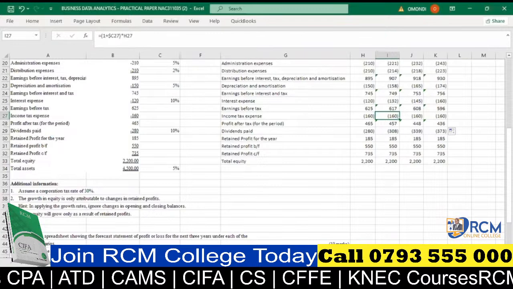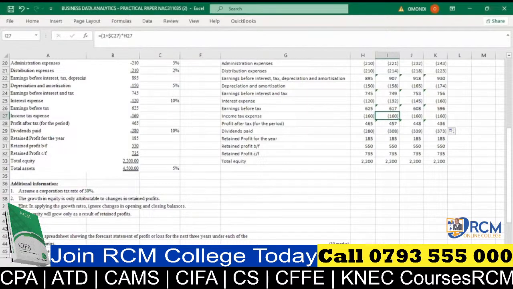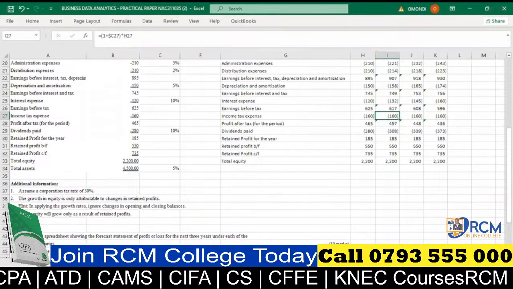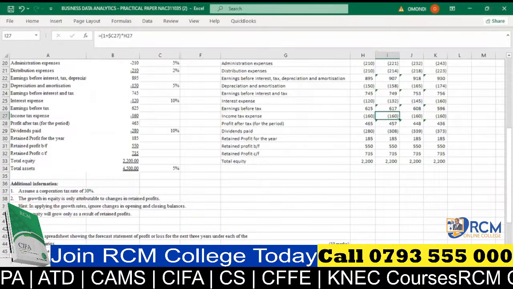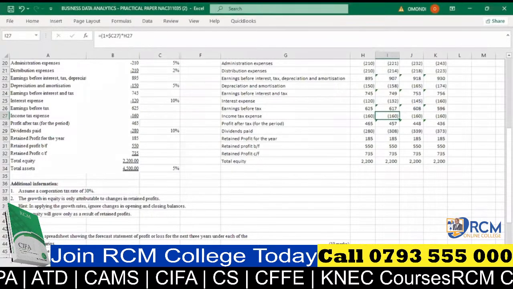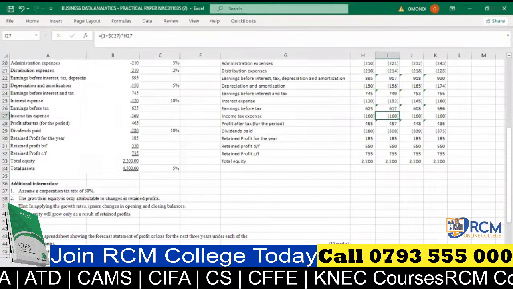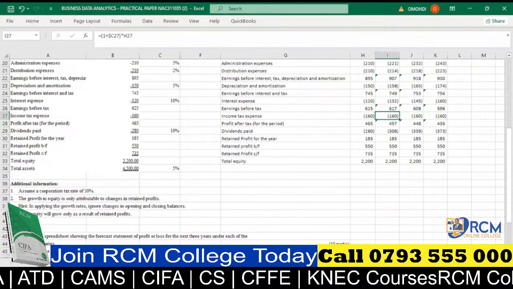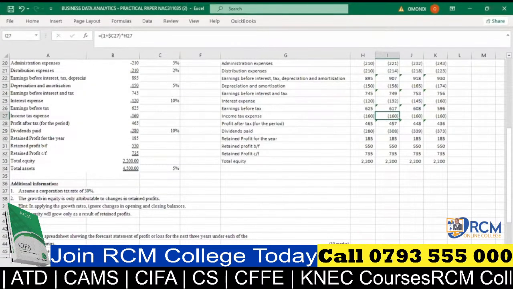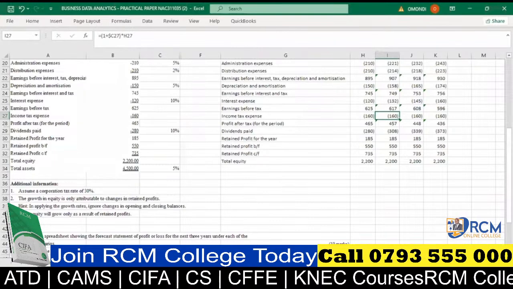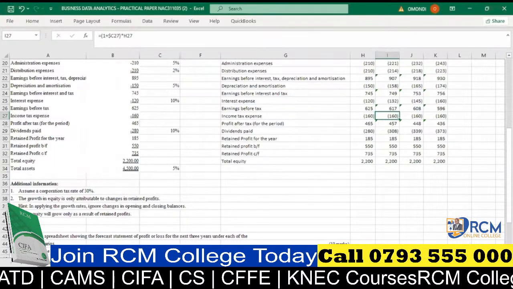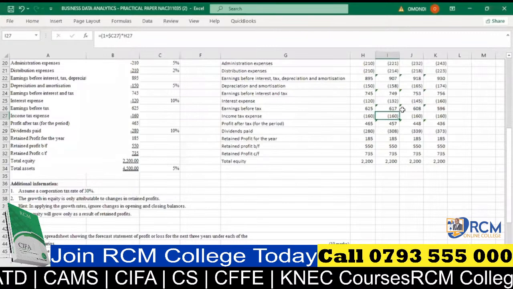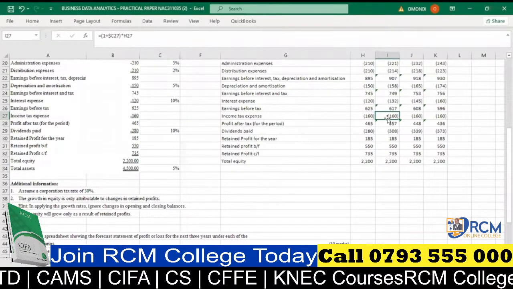That something will be different from one year to the other. So what is that something? The tax rate will be constant, but the tax itself will not be the same figure. Hii yenye tuko nayo hapa is wrong.